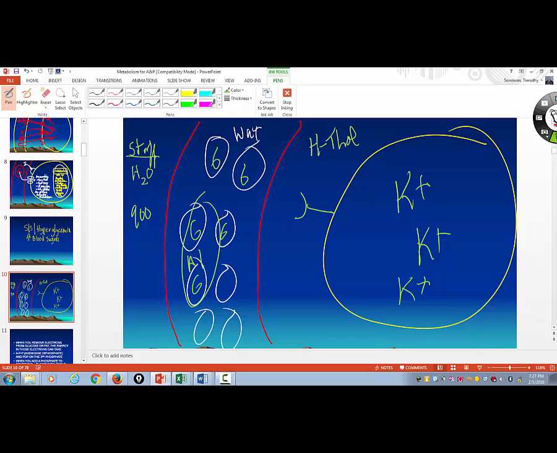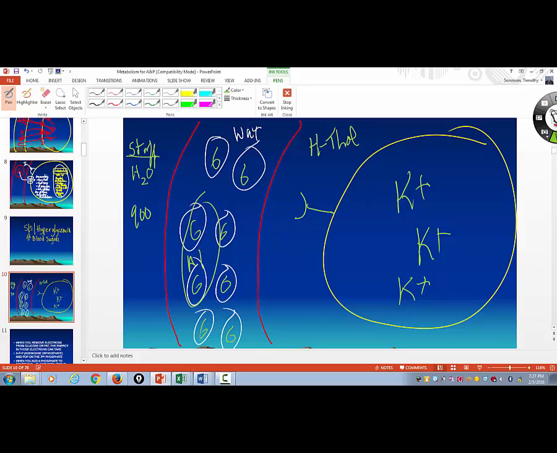So if your blood sugar is 900, and because you don't have insulin, glucose is not going to be able to go from the blood into the cell. And if stuff can't move, water can always move. And water is always going to move from an area of low osmolarity.